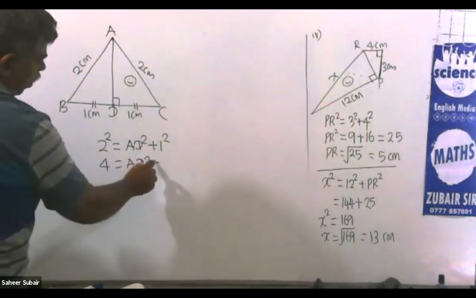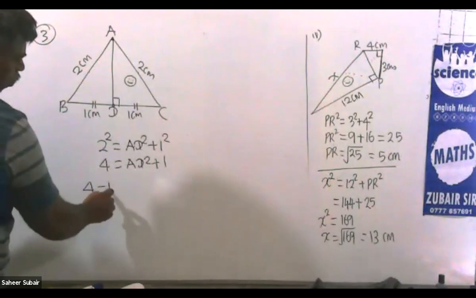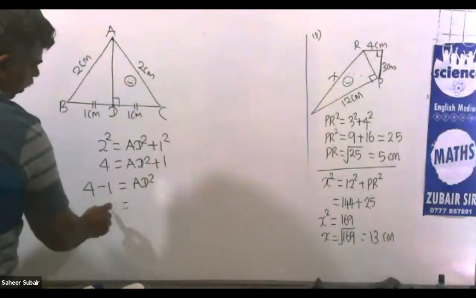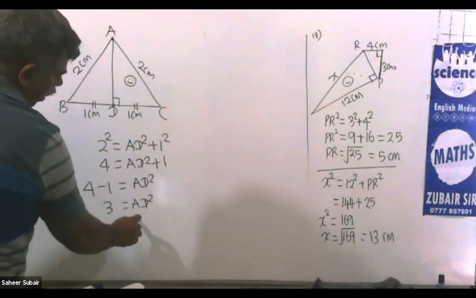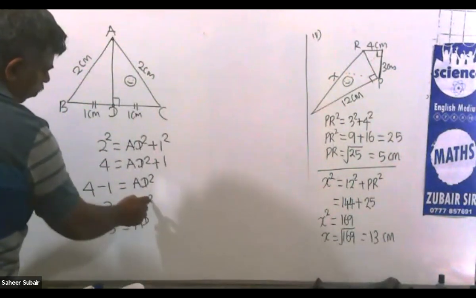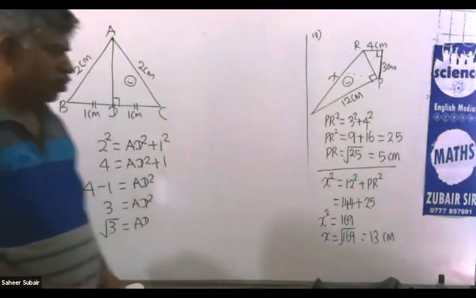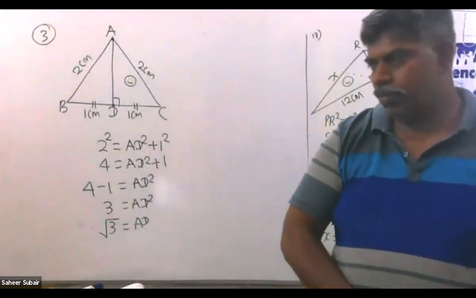AD squared plus 1 squared, which is 1. If you take that 1 to this side, 4 minus 1 equals AD squared. 4 minus 1 is 3. Then 3 equals AD squared. Then AD squared is 3, which means AD equals, when you remove the square, you have to put the square root. So AD equals square root of 3.